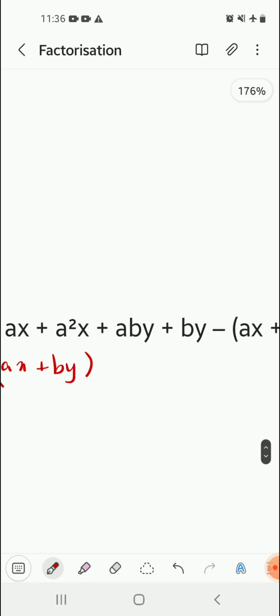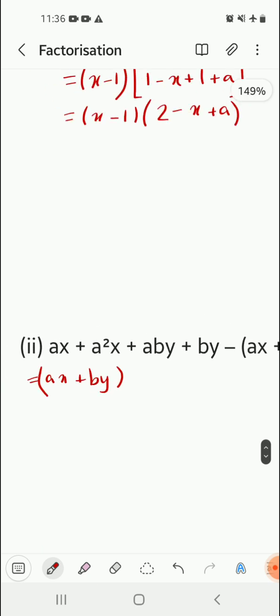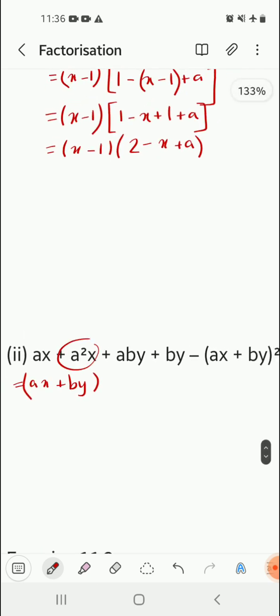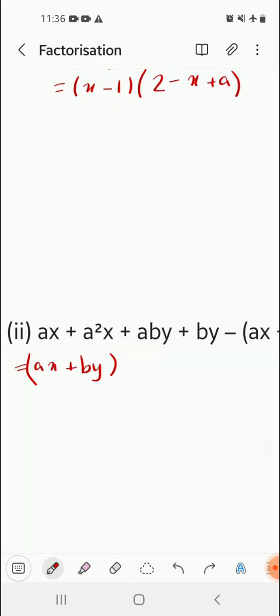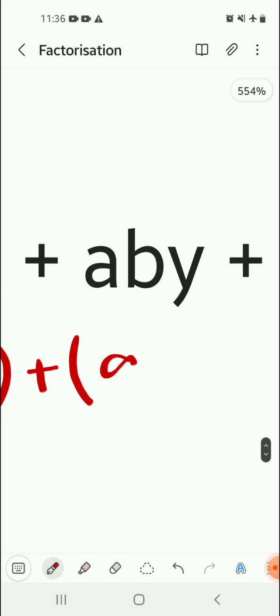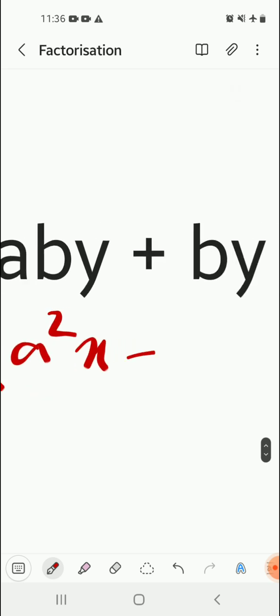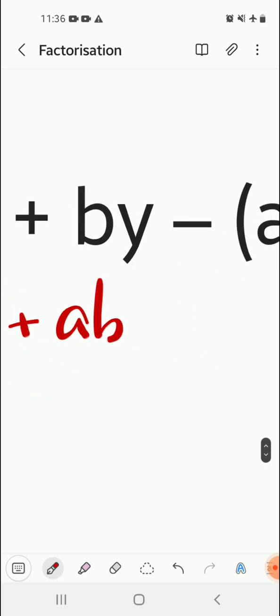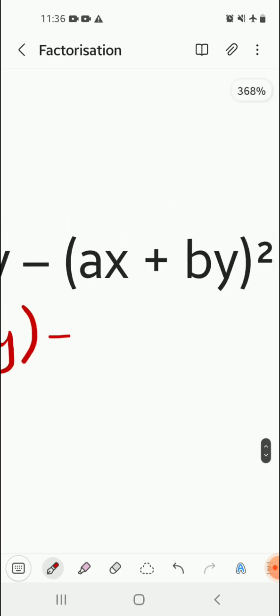Then after this we are going to write these factors together, that is a square x and a by. These two factors together, so we are going to write it in this manner, plus within bracket a square x, we are first grouping it, plus a by, because from here we are going to find the common factor, minus whatever we are left with, that is ax plus by square.